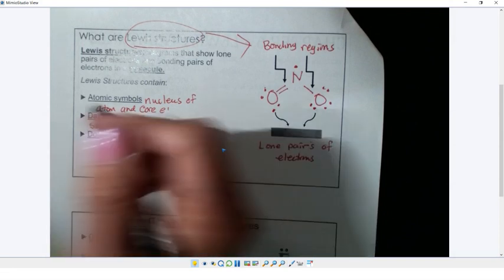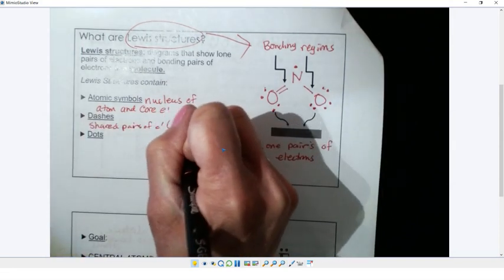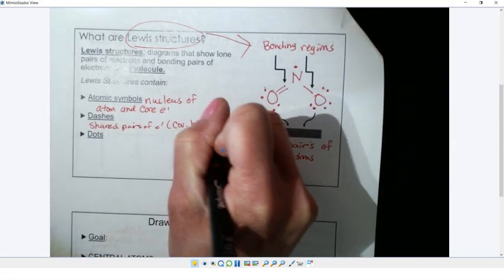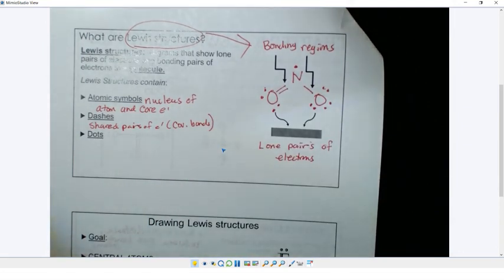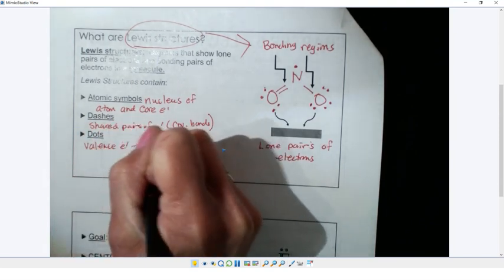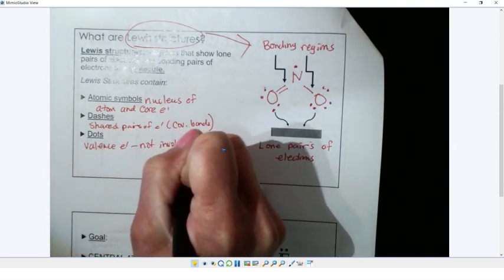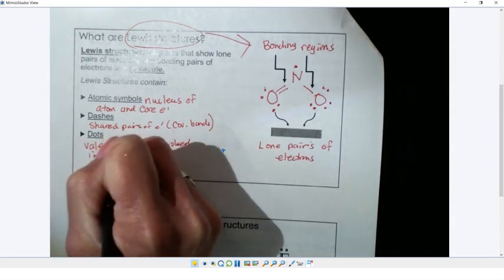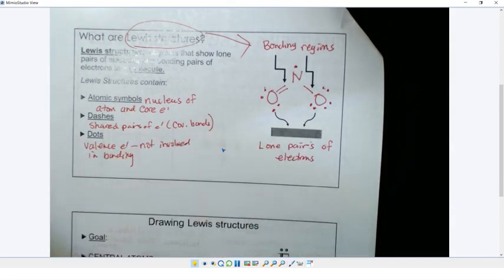You can think of the dash as shared pairs of electrons or covalent bonds. And then Brady just told us what the dots represent: valence electrons not involved in chemical bonding.